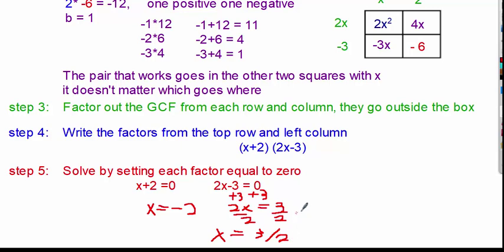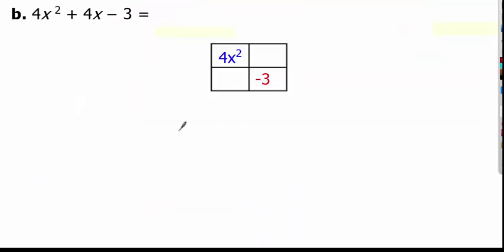Okay, those are the steps to the area method. Now we're just going to use the steps without writing down what I do each time. So we start out with our first and last term in these two spots. Then I am looking at the factors of, I'm going to multiply these two things together. I get negative 12.